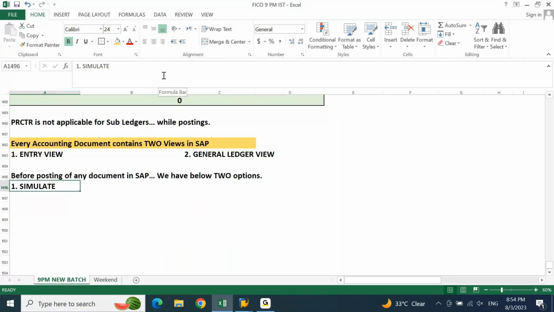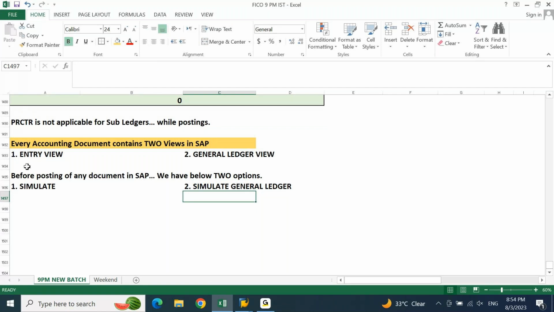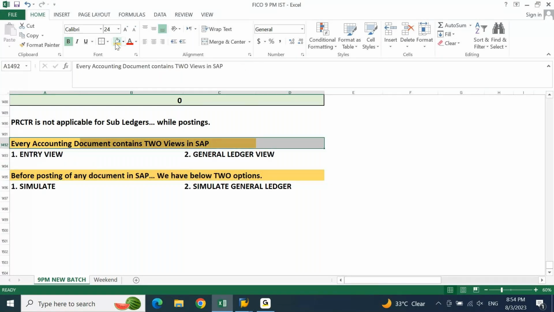Point number 1, simulate. Point number 2, simulate general ledger. I think everybody would have seen these points. So one is your entry view, the other one is your general ledger view.